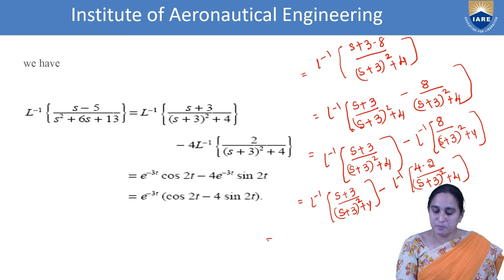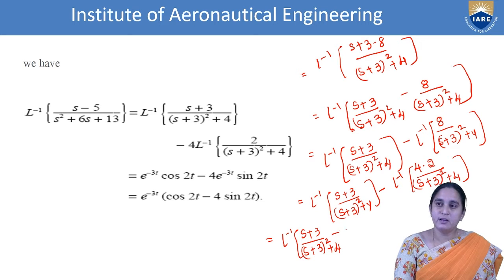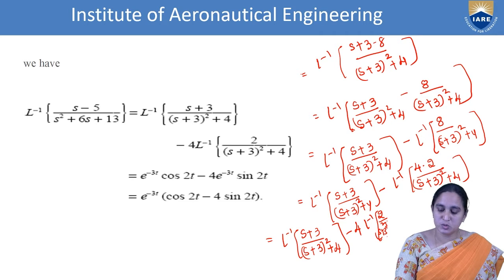For the next step, that is Laplace inverse of (s plus 3) by (s plus 3) whole square plus 4, minus, I'll take 4 outside, 4 into Laplace inverse of 2 by (s plus 3) whole square plus 2 square.